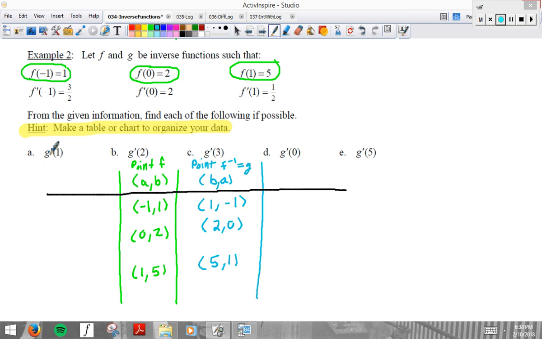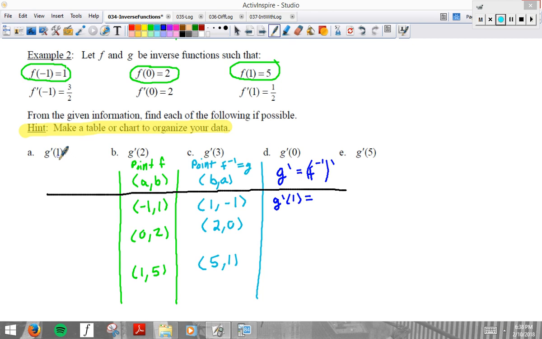They're asking about g prime. So g prime is going to go over here for us. f inverse prime, however you want to think of it. g prime of 1, that's what we would get here if we plugged in 1 to g prime.